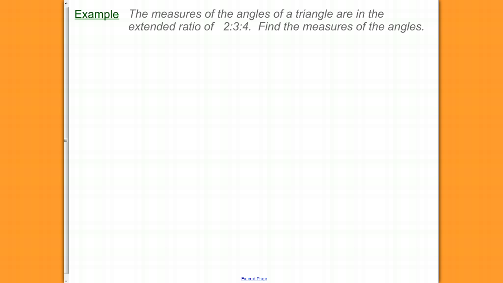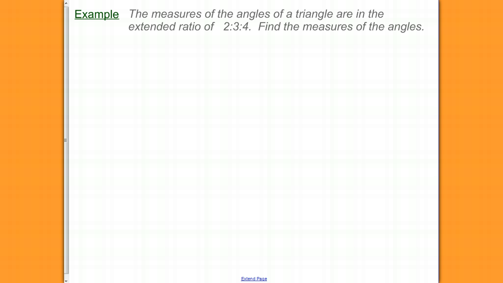An example of a problem that you'll see is given these ratios of objects, whether they're side lengths or angles, as in this example here. This one is an extended ratio, meaning we're comparing more than two things.